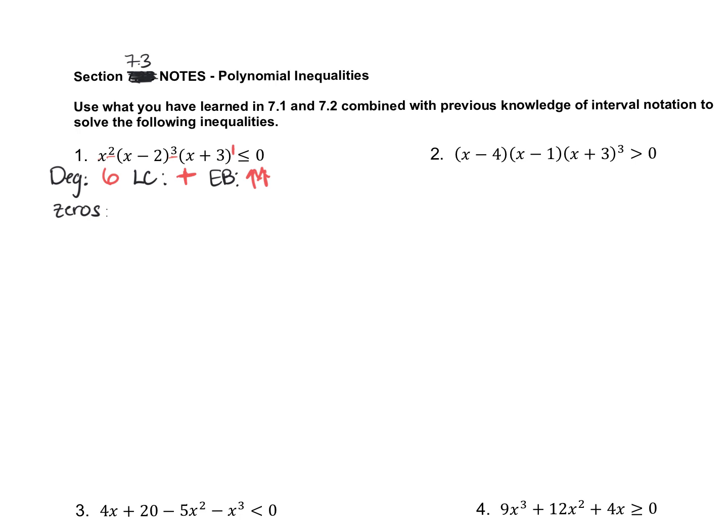If you look at this one, this x here, whenever you have a variable outside, not in a binomial like these other two, that's always going to be 0. So that 0 is a zero. At the same time, I'm going to talk about the multiplicity. So I look at the exponent. This has an exponent of 2. So this multiplicity is 2.